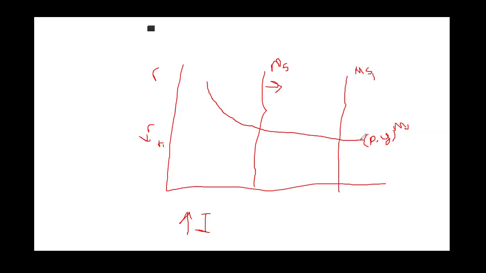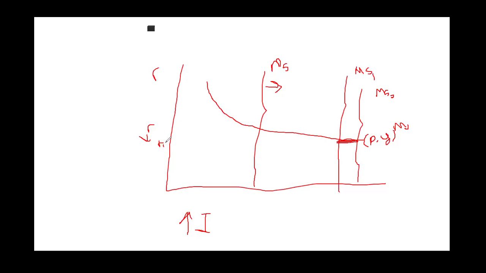And when it is horizontal, like let's say down in this portion, let's say we started here at this MS1 and the Fed wanted to increase the money supply and we went to, let's say, MS2, assuming this is a straight line, right? If we went to MS2, notice because this money demand curve is completely horizontal, no curve in it whatsoever, it's a straight line, it means the interest rate doesn't change.